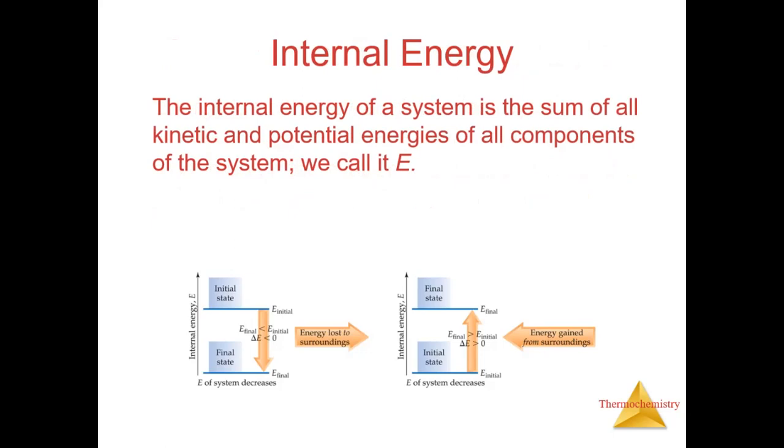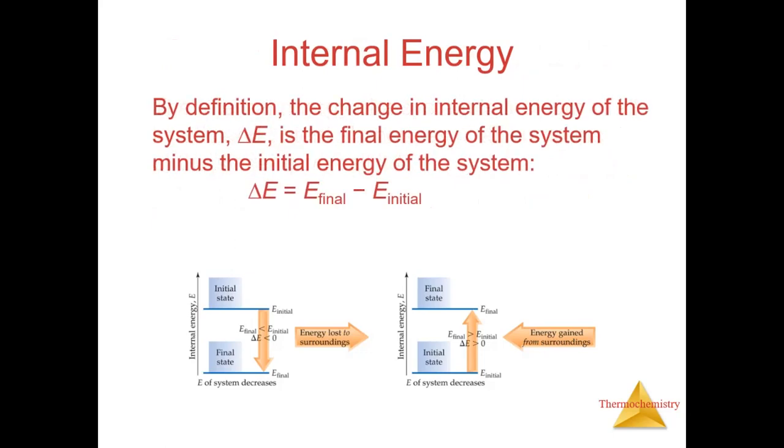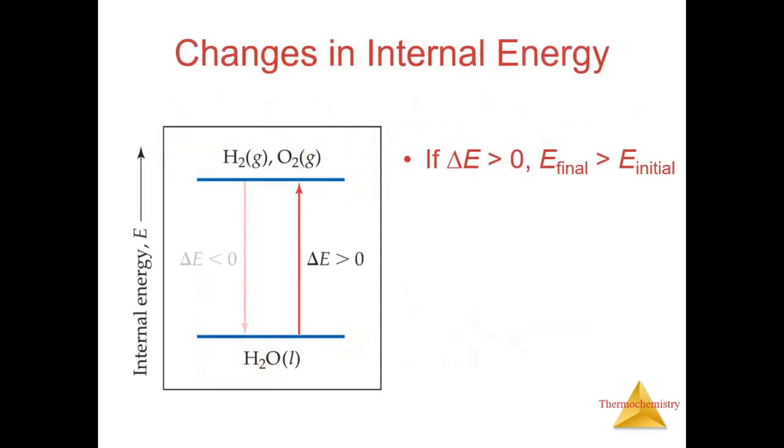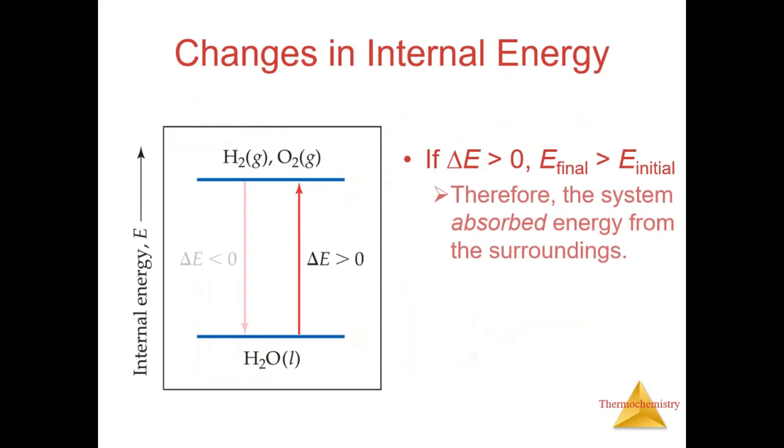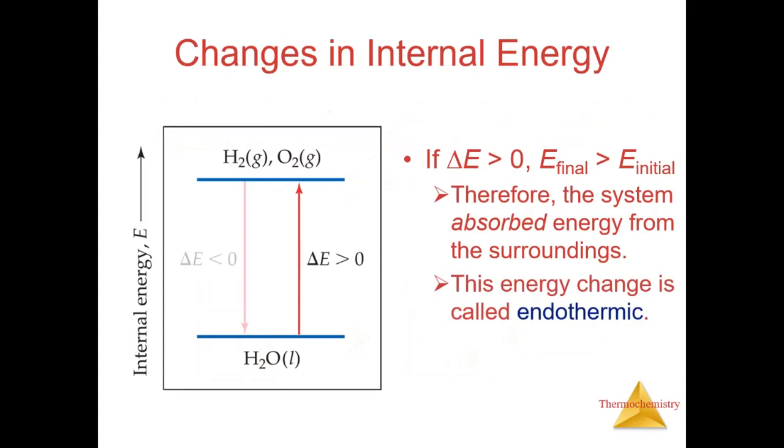Now, if I'm talking about the internal energy, the sum of all the kinetic and potential energies of all components of our system, we're going to call E. And so if I want to talk about the change of energy, then I'm going to be talking about my final energy minus my initial energy. So if my delta E is greater than 0, what this is telling me is my final energy is bigger than my initial energy.